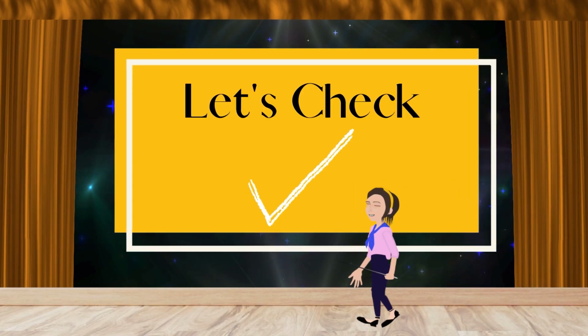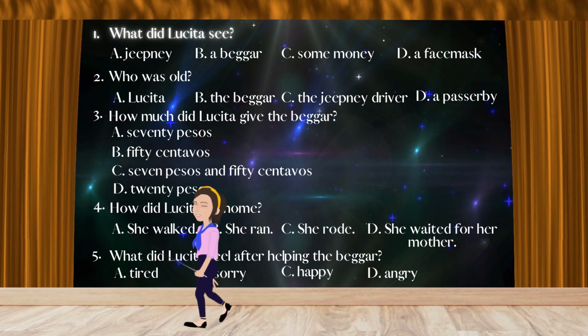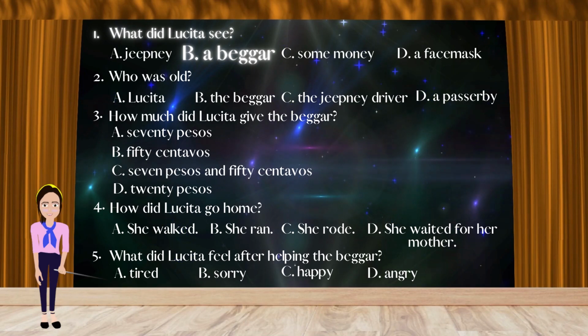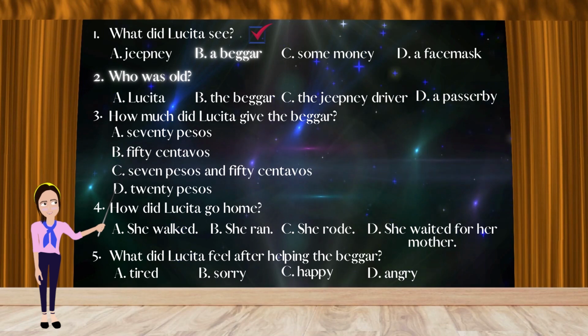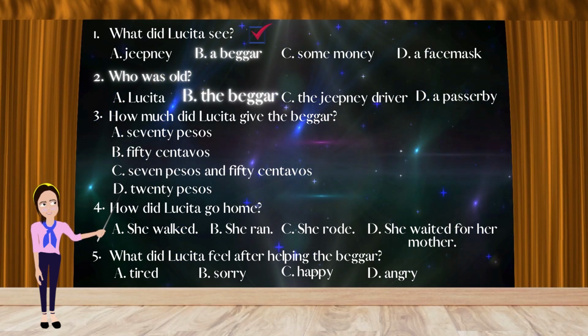Now let us try to check your answers. The correct answer for number 1 is letter B. A beggar. For number 2 question, the correct answer is letter B. The beggar.